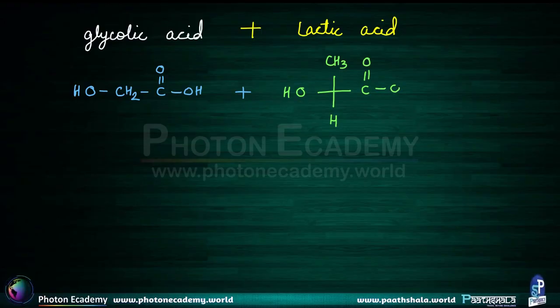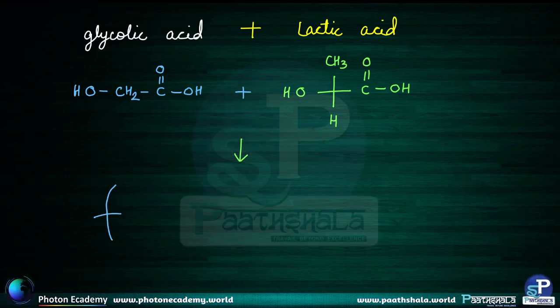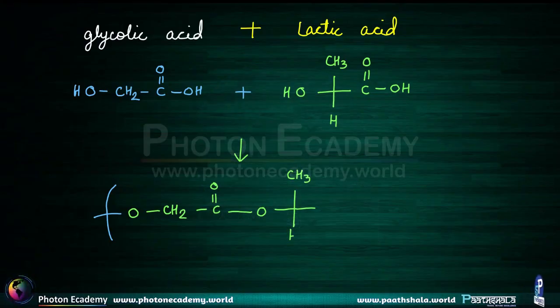Both of these on polymerization give us our polymer, which is, now O is opening from this side, we know. H is lost to another molecule perhaps. We have C double bond O. Then we have O, CH3, H, C double bond O, and OH is removed from this side, and we have n.